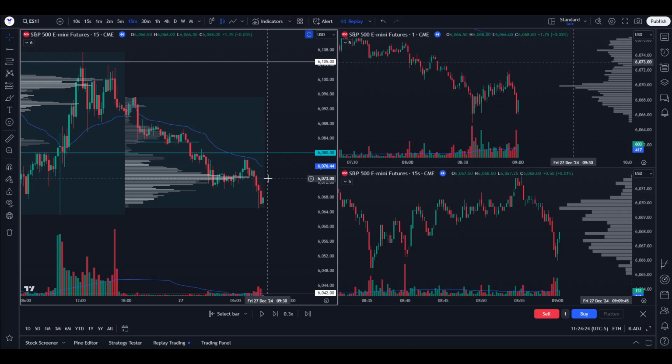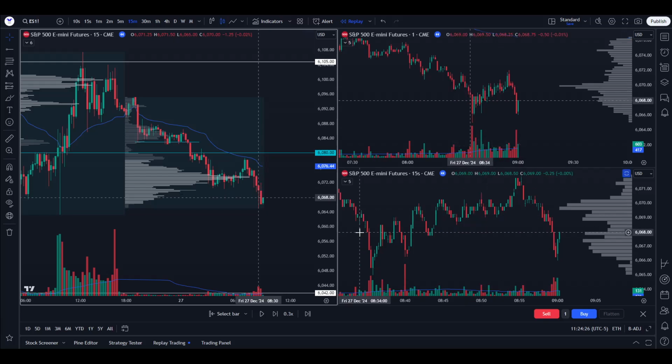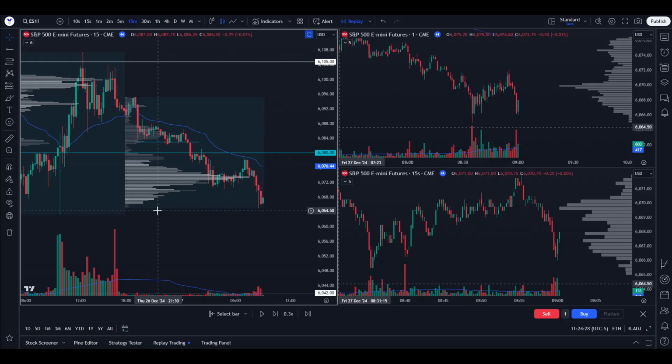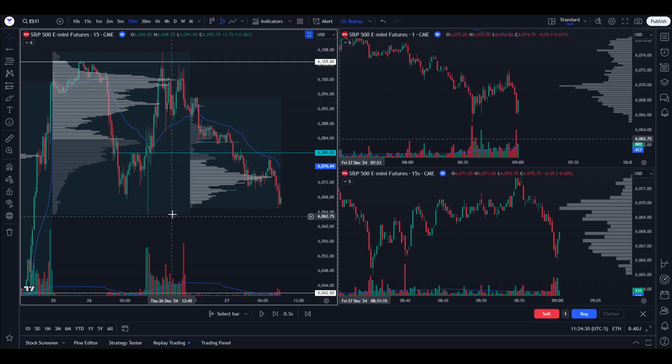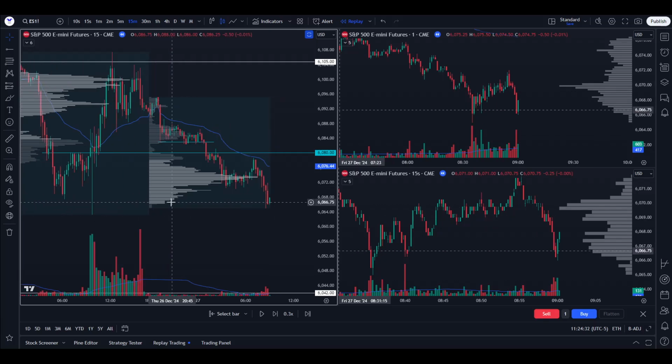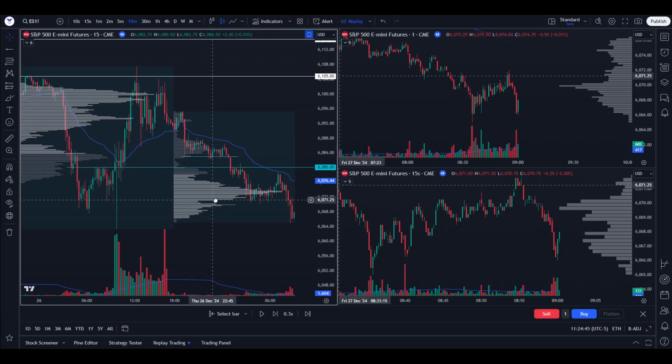I find it extremely powerful on the 1 minute and the 15-second. I don't find it as great on intermediate time frames, like the 15-minute, 30-minute, 1 hour. A lot of those order flow imbalances get scrubbed out and cleaned out on these time frames.